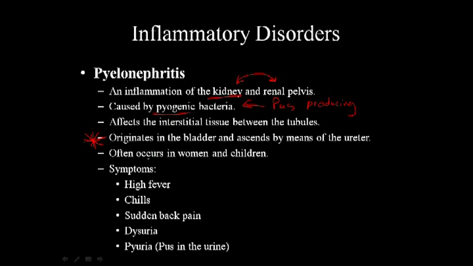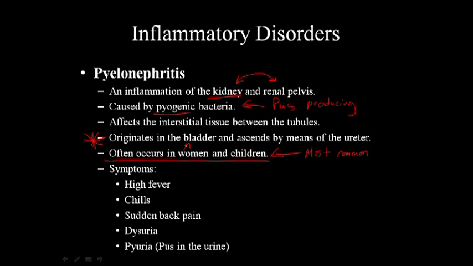But we also see that it often occurs in women and children. And by often we mean that usually it's most common in both of these. That's not to say that it cannot occur in men, but that it's less likely to occur. And that's simply because of what we've already discussed. Women have short urethras, which means that bacteria can get into the bladder very rapidly.